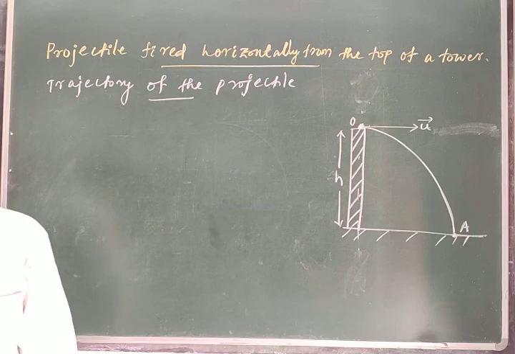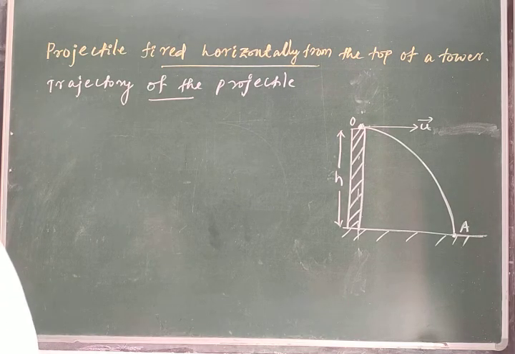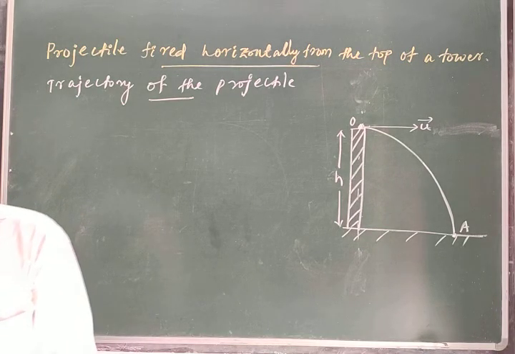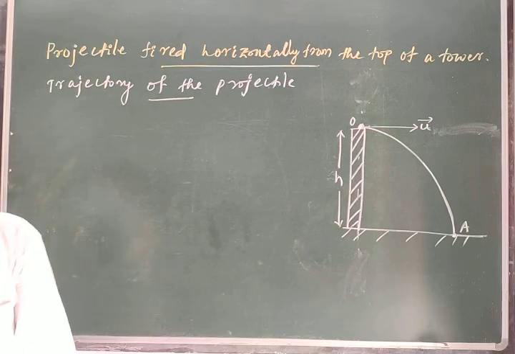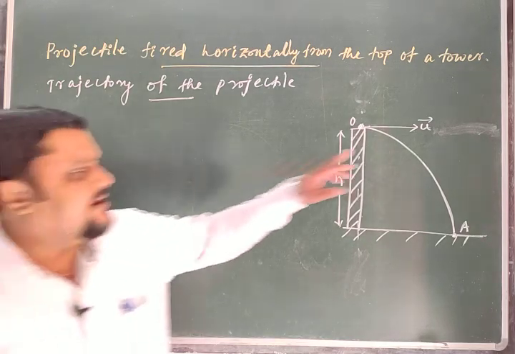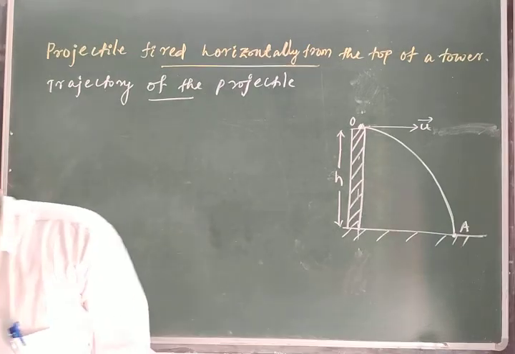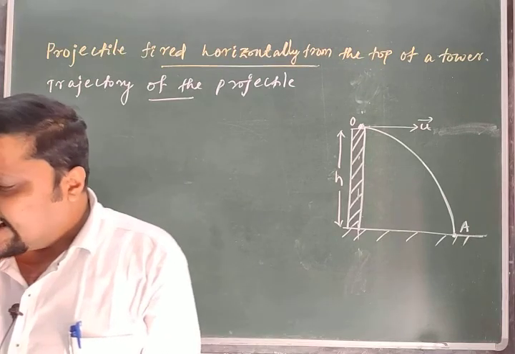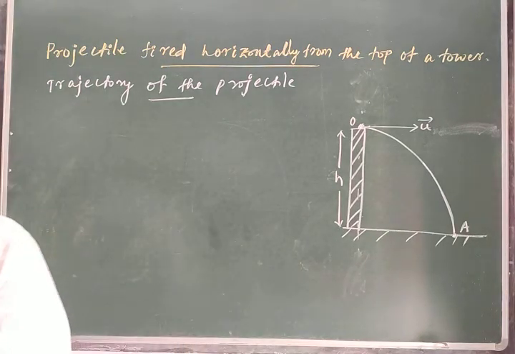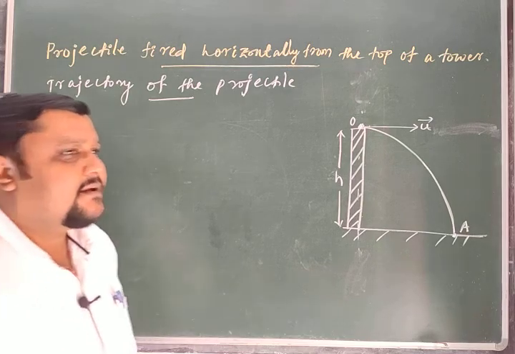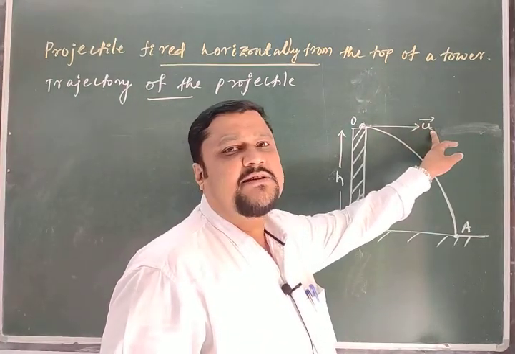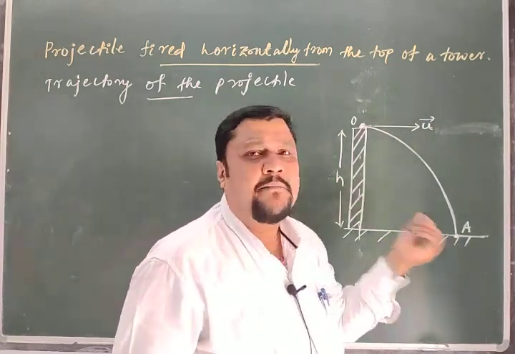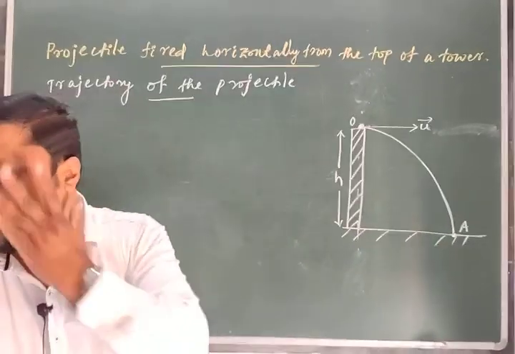Now let us consider the motion of the projectile is in the plane, and let the projectile be thrown horizontally with an initial velocity u from the top of a tower of height h, and as it moves, it covers the horizontal distance with a velocity u, and the vertical distance because of the acceleration due to gravity.